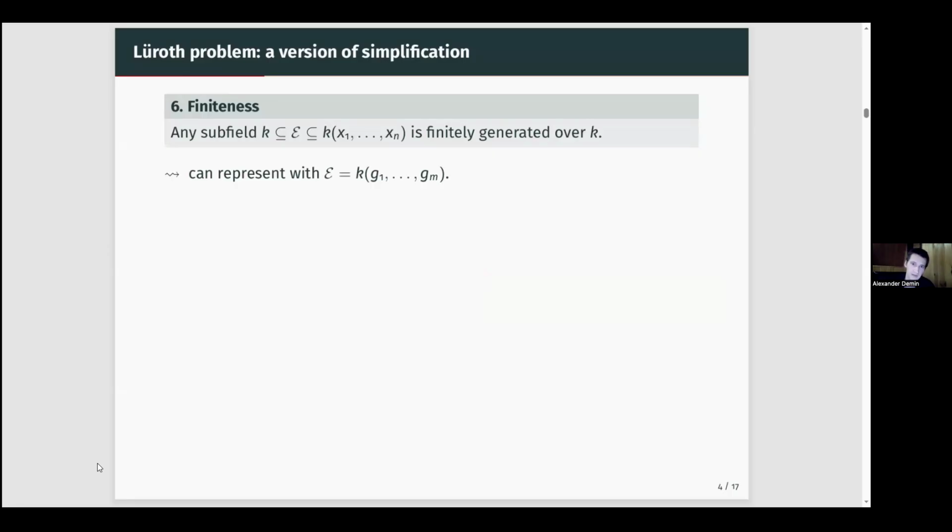So let me remark that in this presentation, the small k stands for an arbitrary effective field. So far, no restrictions on characteristic or anything else. So we can assume basically that in this talk, all such subfields are represented by generators G1 through Gm. All right.